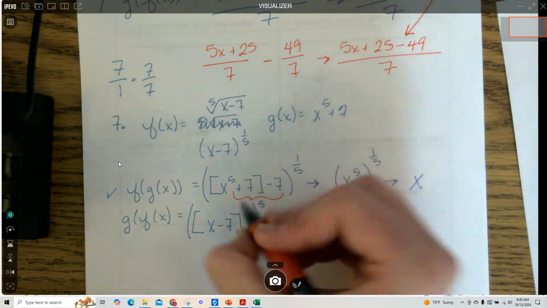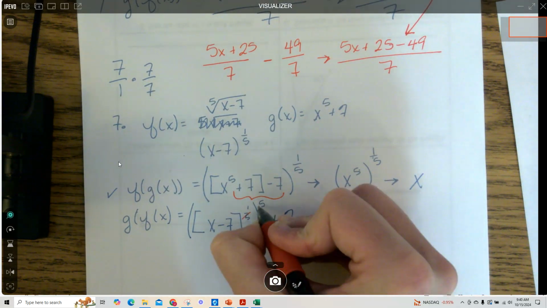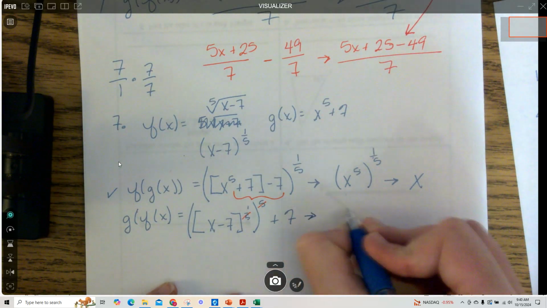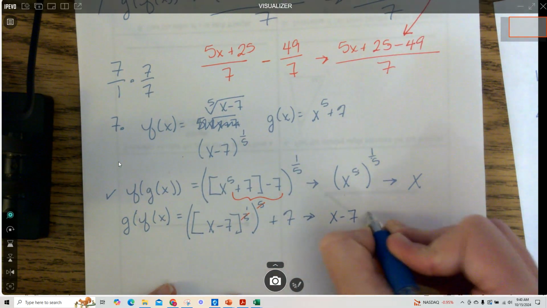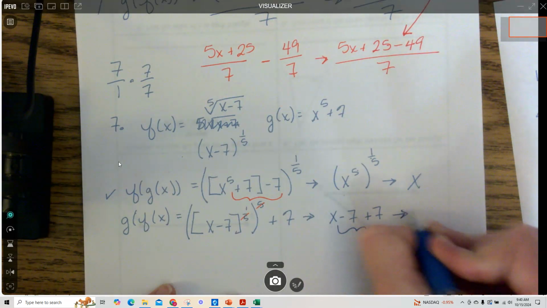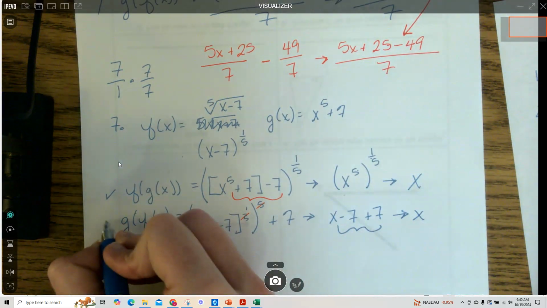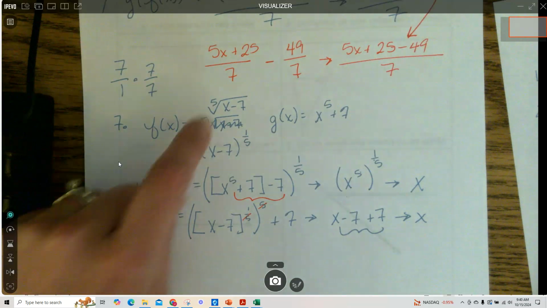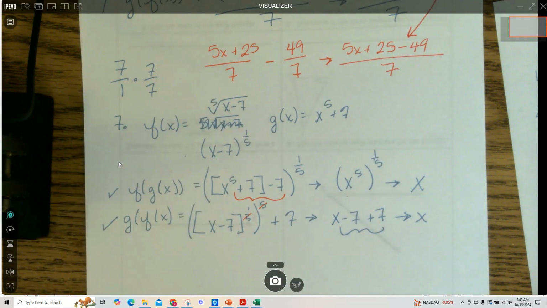So again, this is going to cancel this and leave me with x minus 7 plus 7, combine like terms, equals x. Again, my eyes just don't catch the exponent rules, since that's not really written as an exponent, so I always write roots as a power.